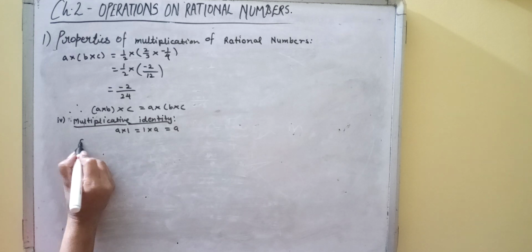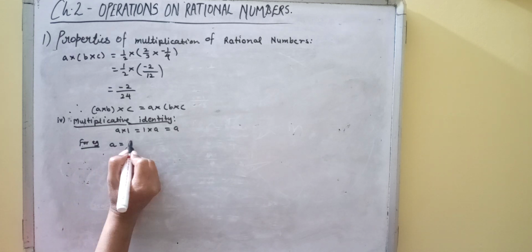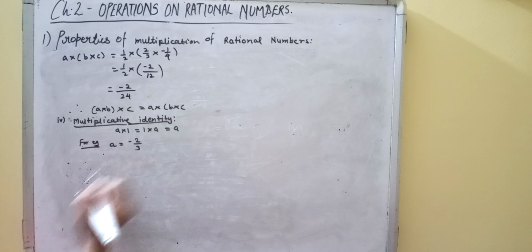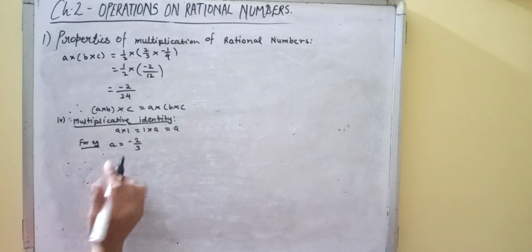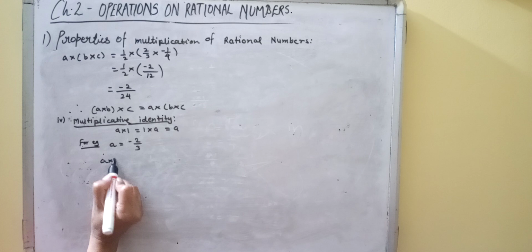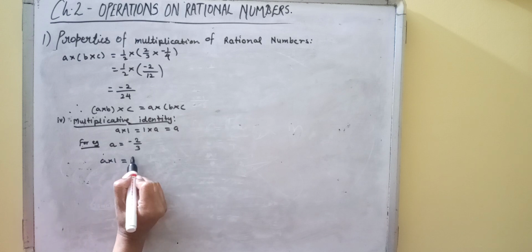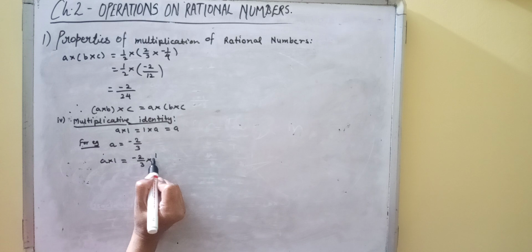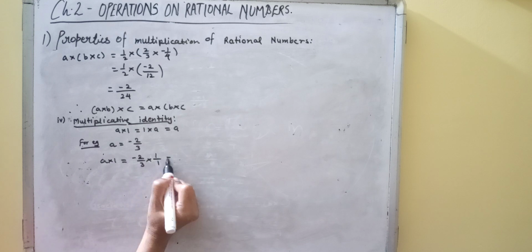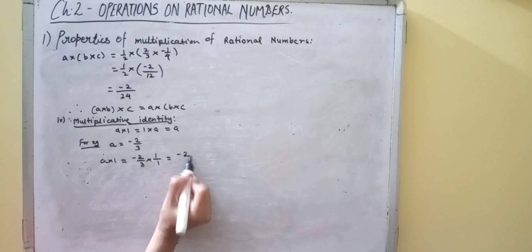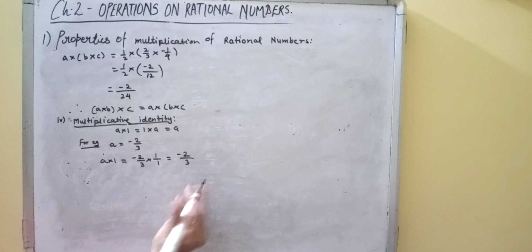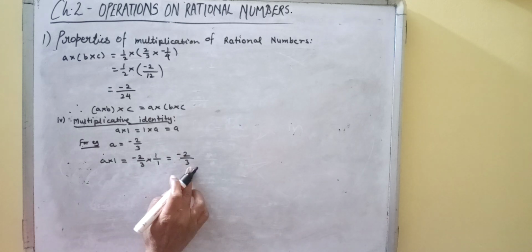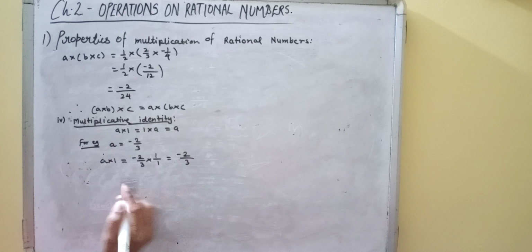For example, take A as, say, minus 2 upon 3. Then A into 1 is minus 2 upon 3 into 1, with 1 written as 1 upon 1, that is minus 2 into 1 is minus 2 and 3 into 1 is 3. So A into 1 is minus 2 upon 3.